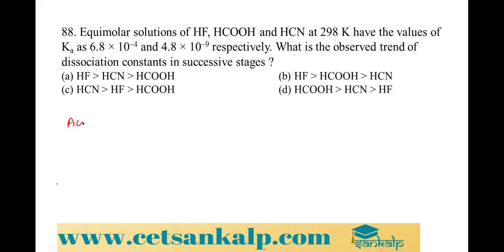Acidic strength, ಎಲ್ಲ acids ಇರೋದ್ರಿಂದ acidic strength that is equal to square root of Ka ಅಂತೆ. ಹೌದಾ? Square root of Ka. ಹಾಗಿದ್ರೆ ನೀವು ಆನ್ಸರ್ನ ಫೈಂಡ್ ಔಟ್ ಮಾಡಬಹುದು. ಸೊ ಆಪ್ಷನ್ ಬಿ ಬರುತ್ತೆ ನೋಡಿ. ಎಸ್, ರೈಟ್.